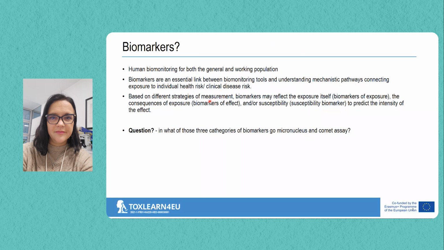Based on different strategies of the measurement, those biomarkers can be divided into biomarkers of exposure that reflect the exposure itself, biomarkers of effect that are connecting or measuring the consequences of that exposure, and susceptibility biomarkers that are measuring or assessing the susceptibility of each individual to predict the intensity of the effect.